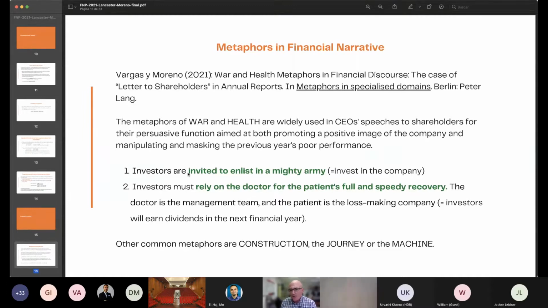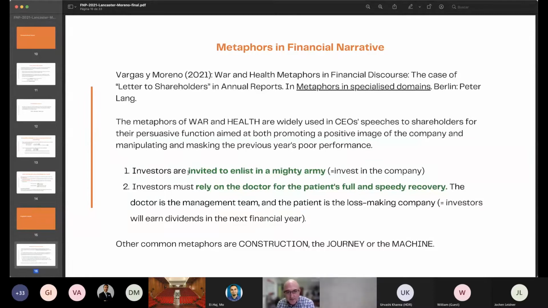The metaphors of war and health are the most widely used by the president when they deliver the narrative to the shareholders, because their persuasive function aims both at promoting a positive image of the company and also the manipulation of the previous year's poor performance in the case of the companies with bad results.